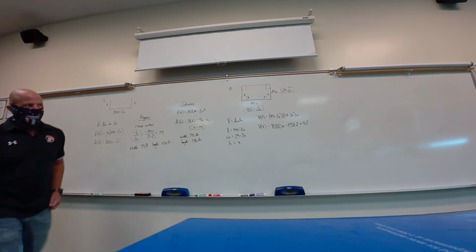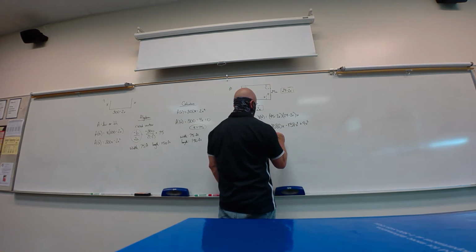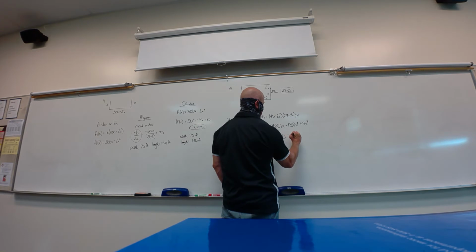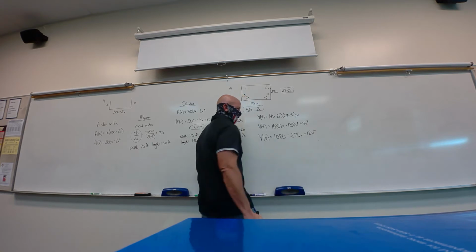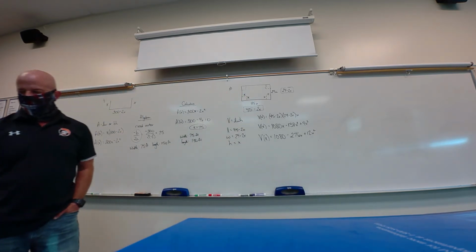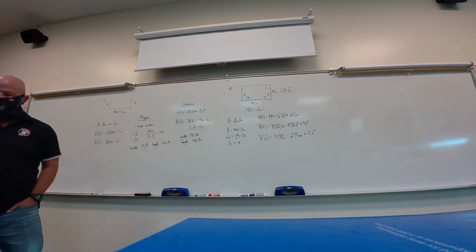Okay, so let's look at the derivative. V prime. Let's see, 1080 minus 276x plus 12x squared. Are you okay with that? For my factoring piece, this is where I need to factor, quadratic formula, solve or something like that. But I've got to get this thing solved.